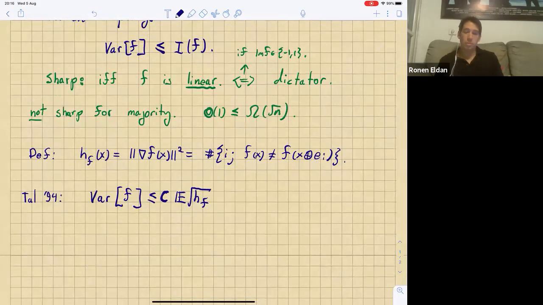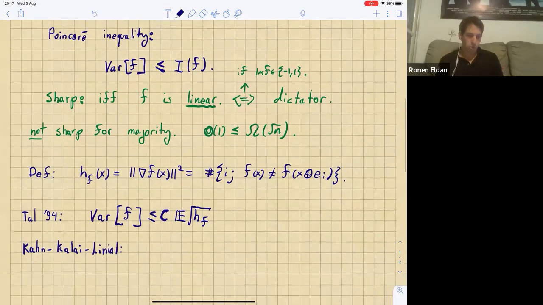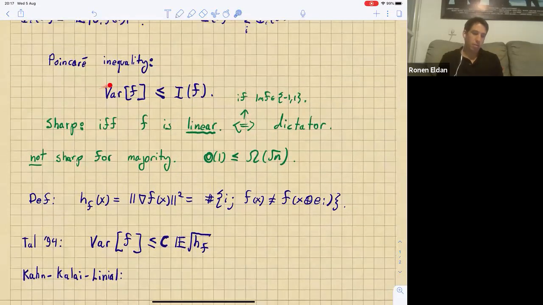And now I want to discuss another strengthening, in a somewhat orthogonal direction, called the KKL inequality. So let's recall what the KKL inequality is. Again, let's go back to Poincaré and think of a function f that has variance O of 1.